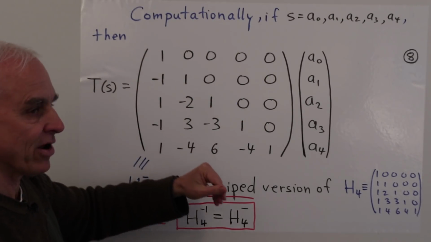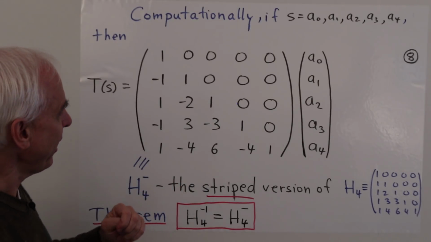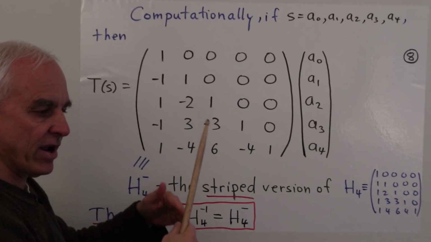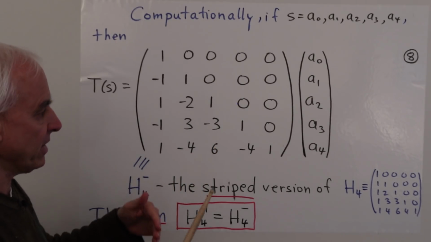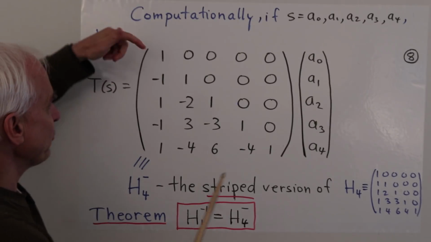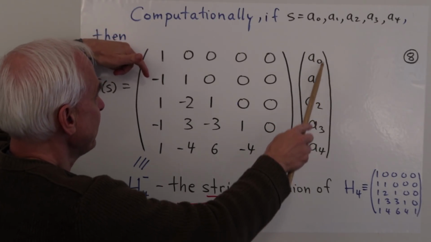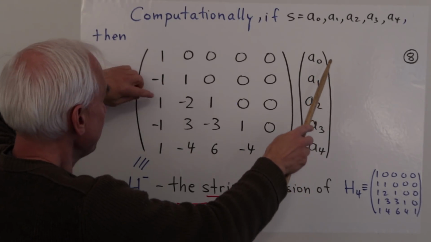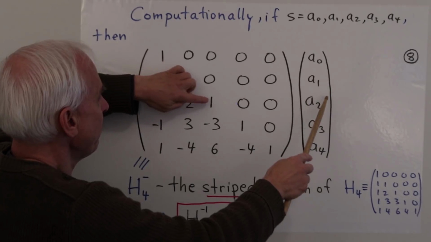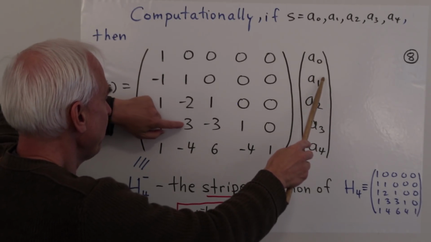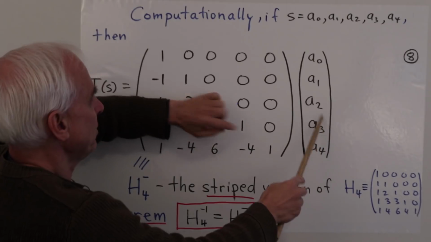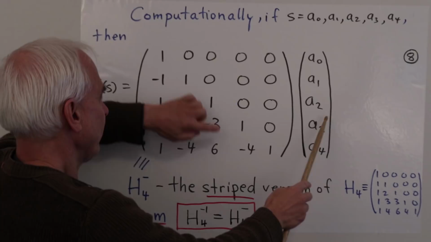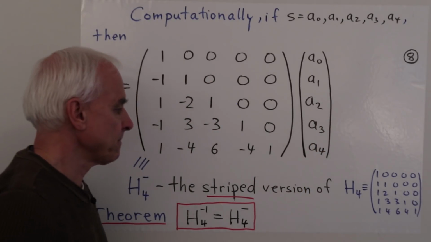It's just like a Pascal or Harriot matrix, except it has some minus ones along every second diagonal below the main diagonal. So the top entry here will be A0. The next entry is minus A0 plus A1, which is the same as A1 minus A0. And then the next entry is A0 minus 2A1 plus A2, and then minus A0 plus 3A1 minus 3A2 plus A3, and finally A0 minus 4A1 plus 6A2 minus 4A3 plus A4.